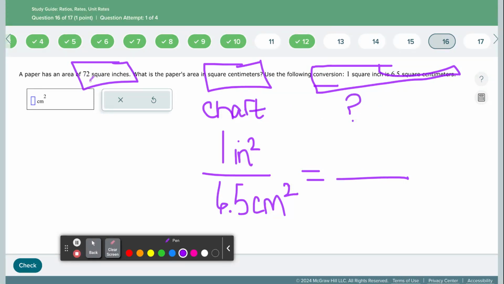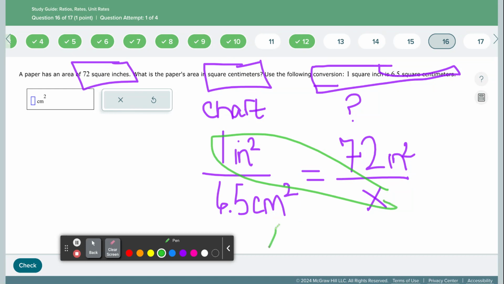I have 72 square inches, so I'm going to put 72 on top because that's where I designated my square inches to go, right? Inches squared. I don't know the centimeters. That's what I'm looking for. So again, all you're doing is cross multiplying, right? So 1 times x, 1x. And you're literally left with just multiplying to find your answer.